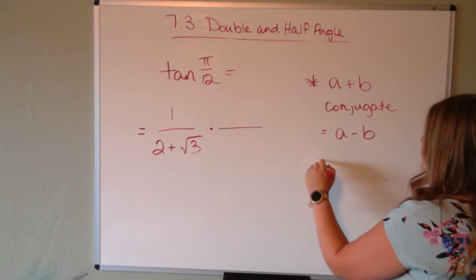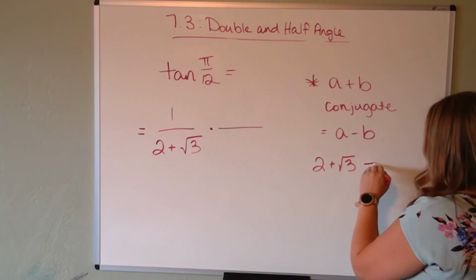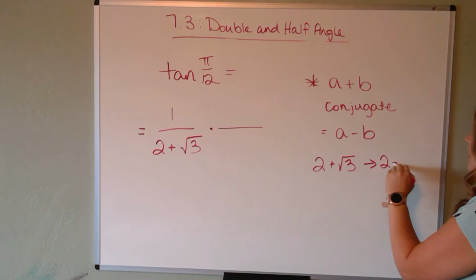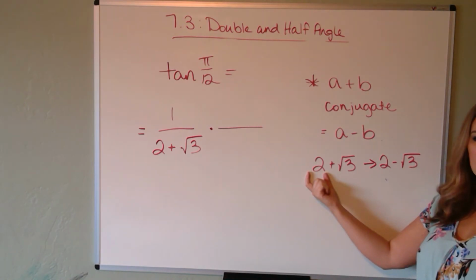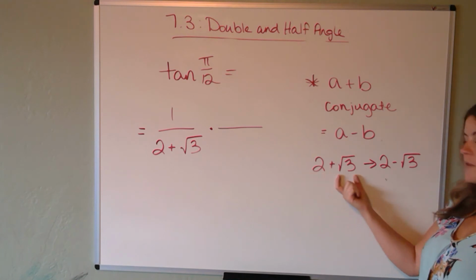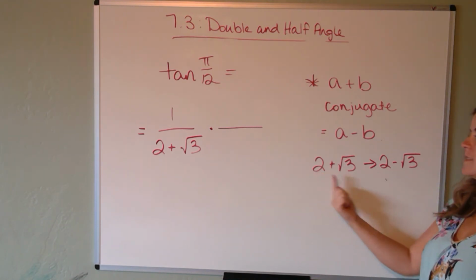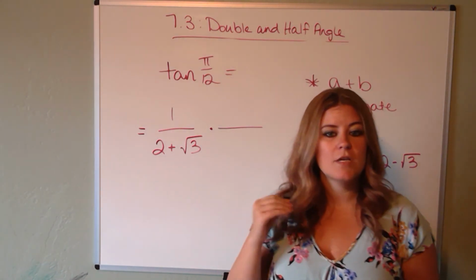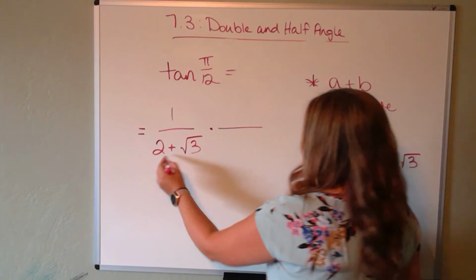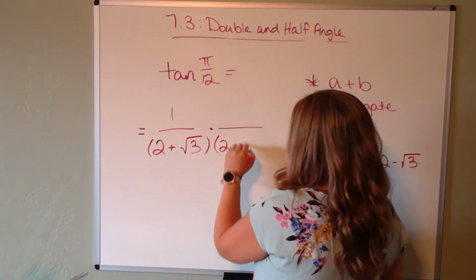So, for example, if I have 2 plus root 3, but I need the conjugate, it's going to be 2 minus root 3. Make sure you don't change the sign of this number or this number. All you do is change the operation in the middle. These stay exactly as is. So, top and bottom by the conjugate of this term, 2 plus root 3, I'm going to multiply the top and bottom by 2 minus root 3.